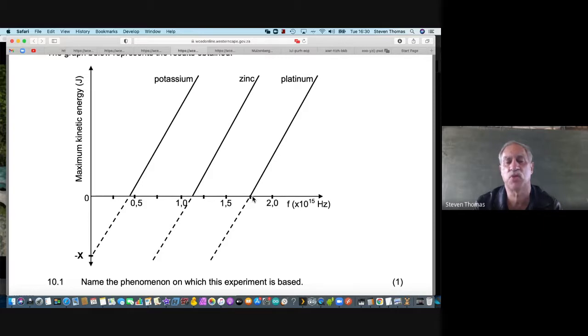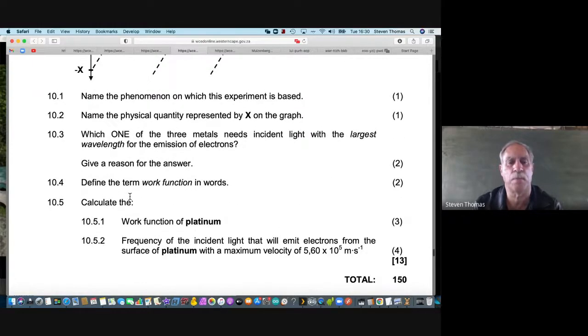This is the frequency that is required to just get the electron to come off. Any extra frequency goes into increasing its kinetic energy. So the answer is potassium, because it has the lowest threshold frequency and the lowest work function.